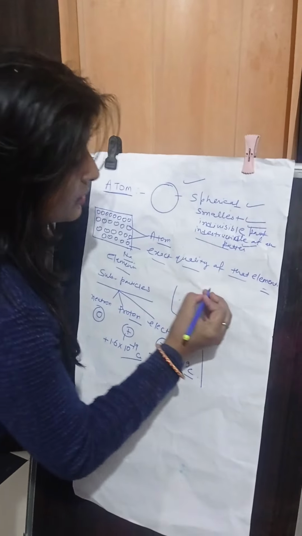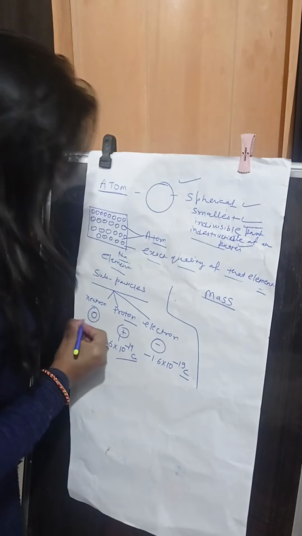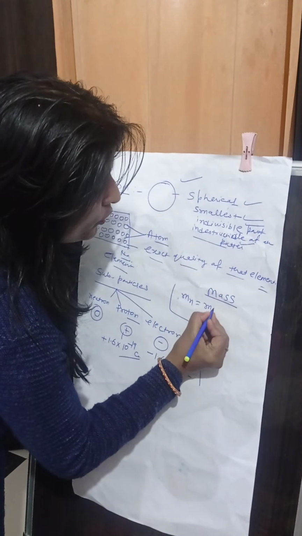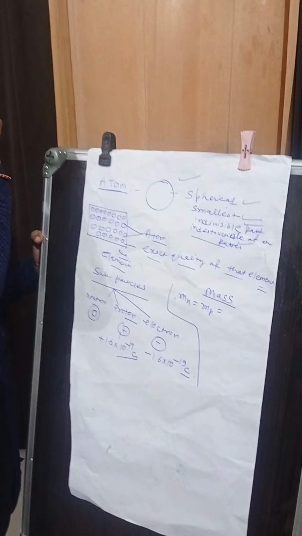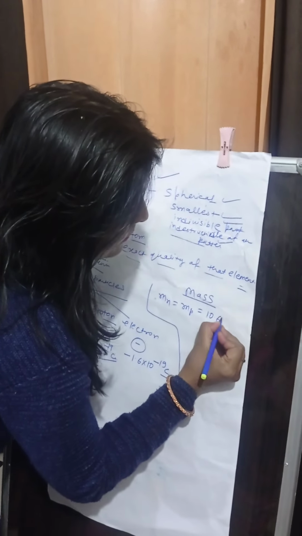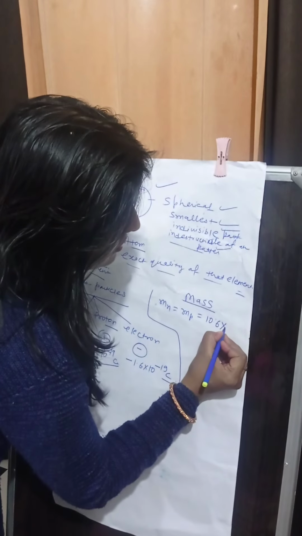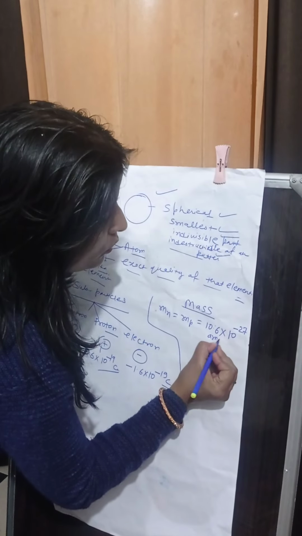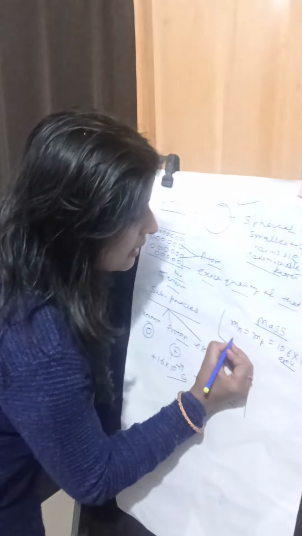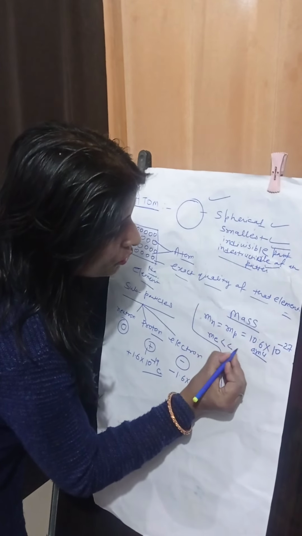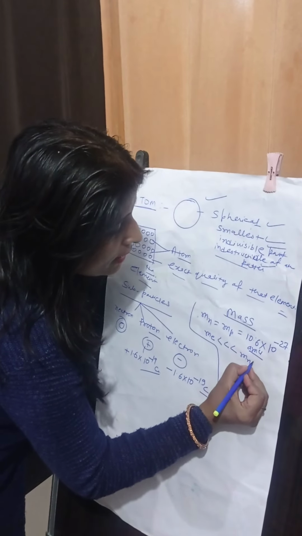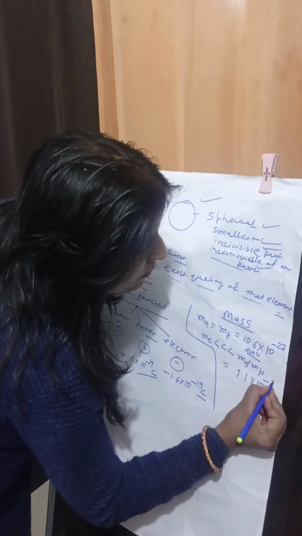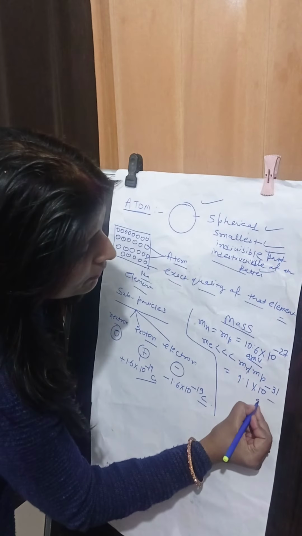So we must learn what are the masses. So mass of neutron and mass of proton is almost the same, which is 1.6 into 10 to the power minus 27 AMU, that is atomic mass unit, whereas the mass of electron is much less than mass of neutron and mass of proton, that is 9.1 into 10 to the power minus 31 AMU.